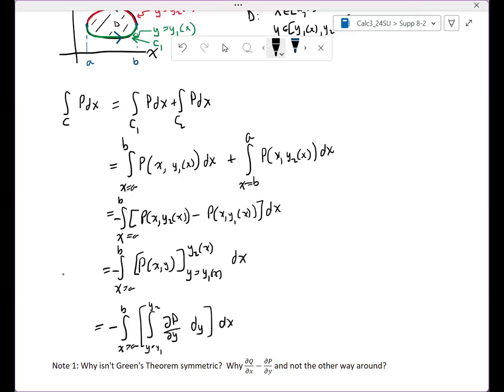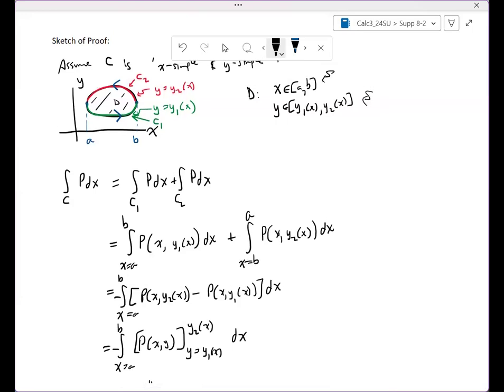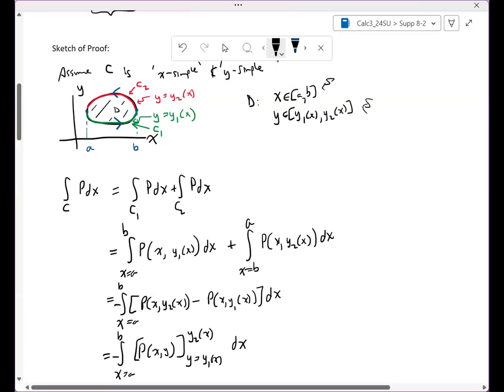But wait, if I have x going from a to b, and y going from y1 of x to y2 of x, that's just a description of this region inside of the curve D.